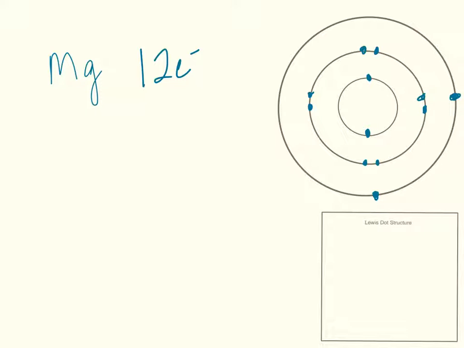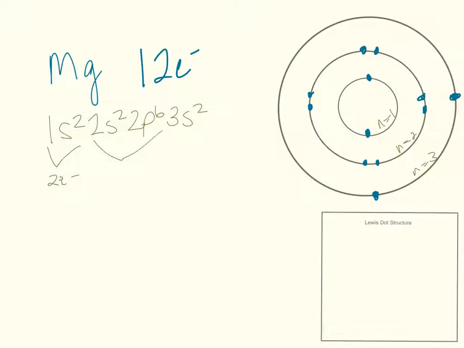This is where n is equal to 1, this is where n is equal to 2, and this is where n is equal to 3. The electron configuration for magnesium is 1s2, 2s2, 2p6, 3s2. In the first energy level there's 2 electrons, in the second energy level there's 8 electrons, and in the last energy level there's 2 electrons. So its highest energy level is where n is equal to 3, and that's its valence shell.